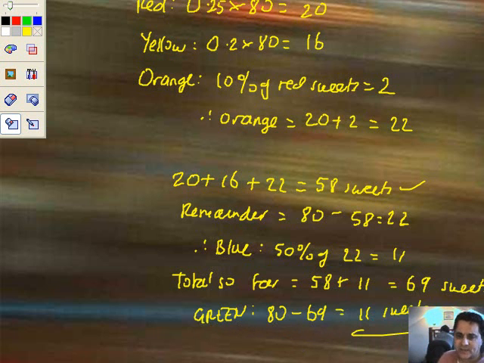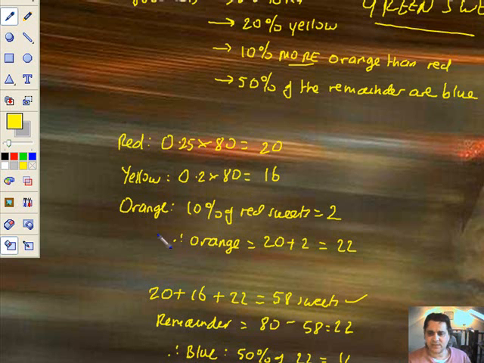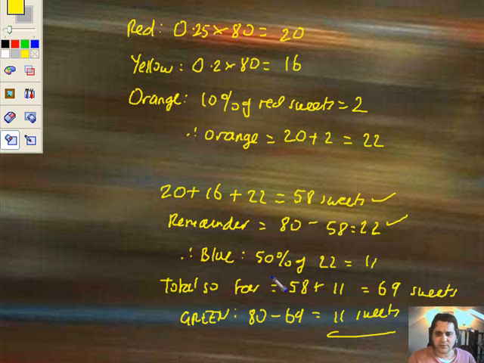Quarter of them are red, 20. 20% of them are yellow, 16. There's 10% more oranges than reds, so that's going to come to an extra 2. So 20 plus 2 is 22. So that's right. So far I've got 20 plus 16 plus 22 comes to 58 sweeties. The remainder comes to 22.